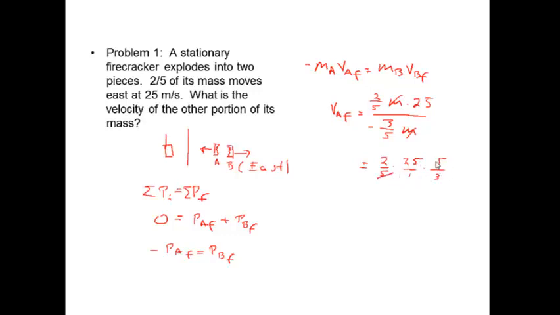Let's see, 5's cancel. We get negative 50 over 3. So that would be negative about 17. Wow, okay, 17 meters per second, which makes sense. This is 25, so we're relatively close in velocity.